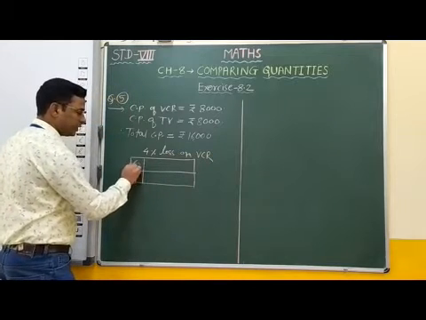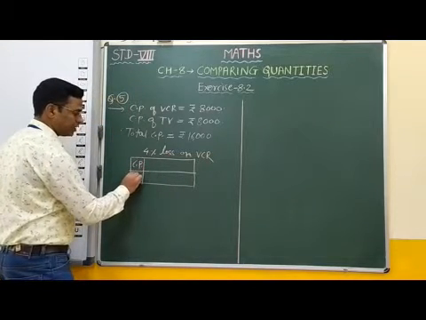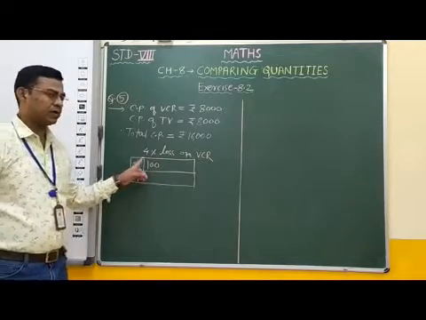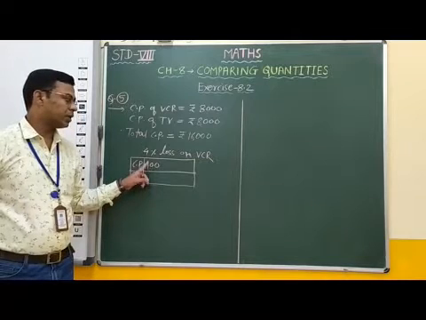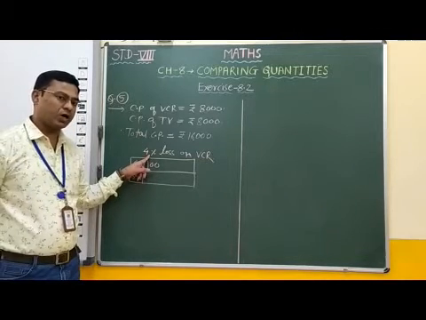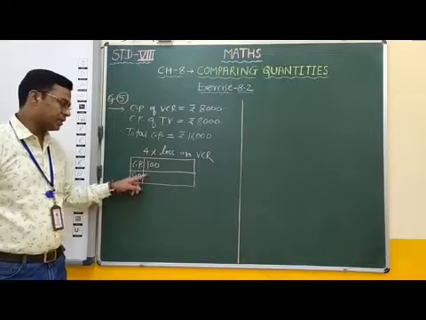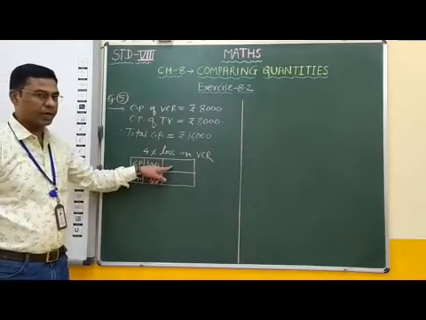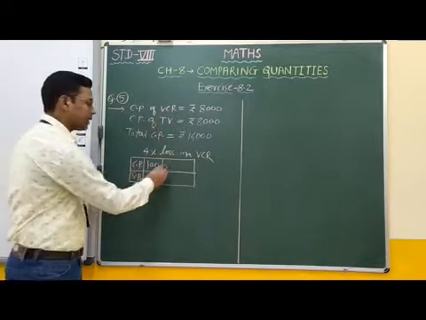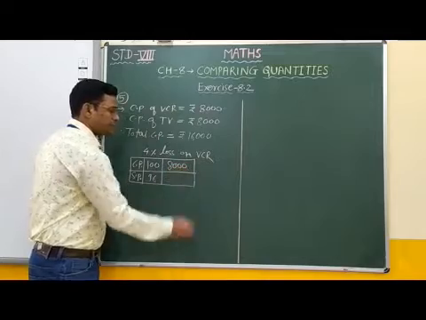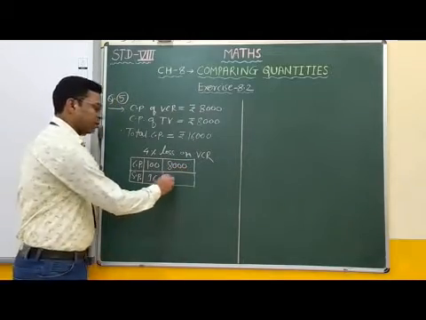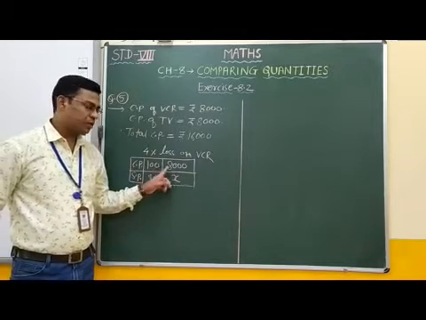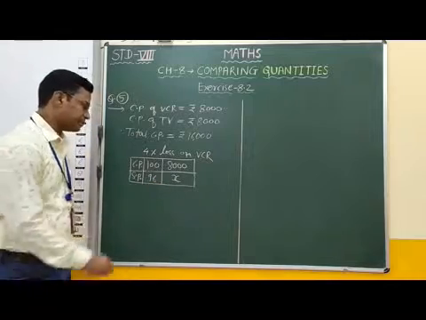If you write here CP and here SP, if you consider cost price of a VCR is rupees 100, therefore with 4% loss, its selling price is rupees 96, and here we have to write 8,000 because cost price is 8,000, and we have to find out here selling price with 4% loss. Therefore, here we have to make cross multiplication.